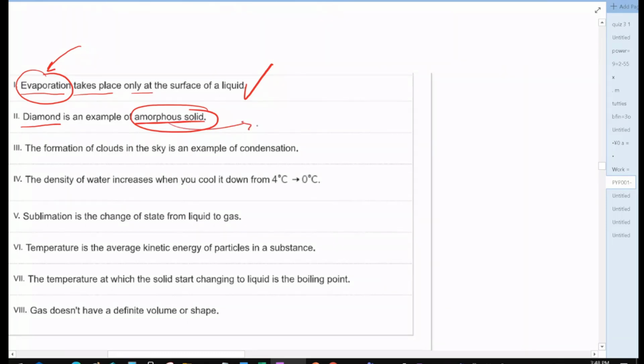The particles are arranged randomly. They are arranged randomly. Okay? They don't have a certain pattern. Do you think diamond is random? Diamond is a crystal. So this statement is wrong, because diamond is a crystalline solid, not amorphous solid.